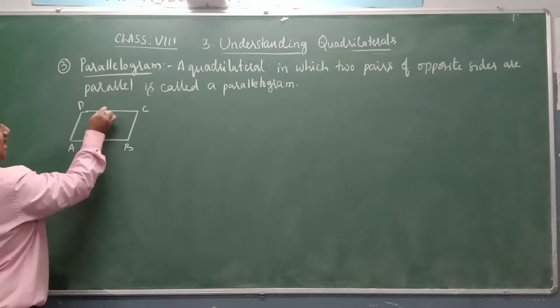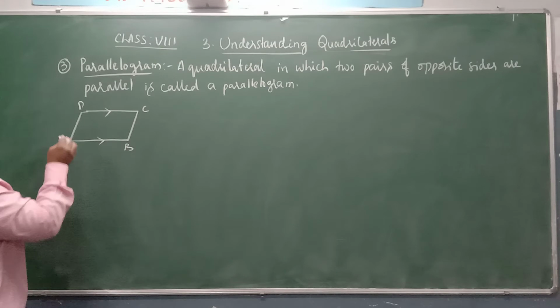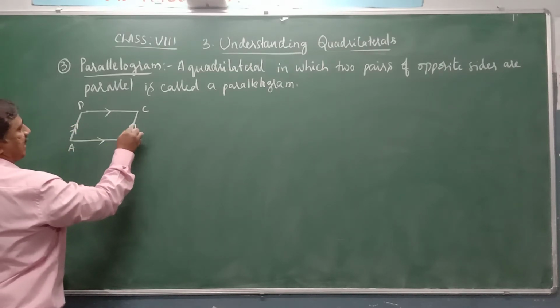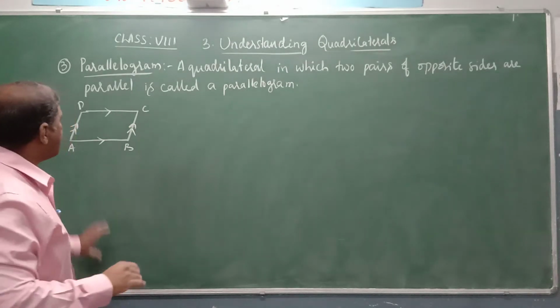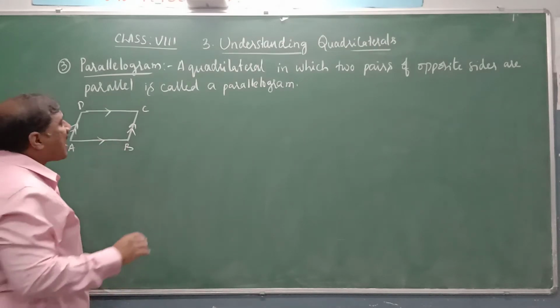Here AB is parallel to DC, one pair of opposite sides. Similarly, AD is parallel to BC, two pairs of opposite sides are parallel to each other. This kind of shape or quadrilateral is known as a parallelogram.